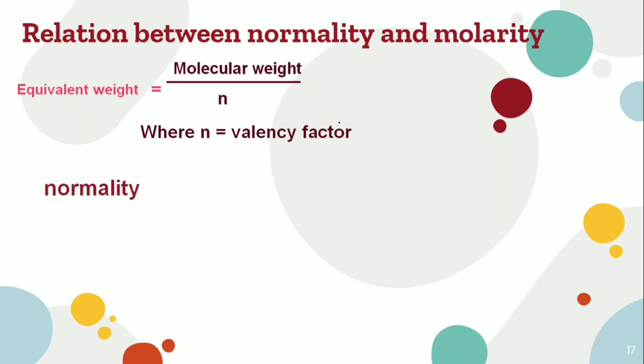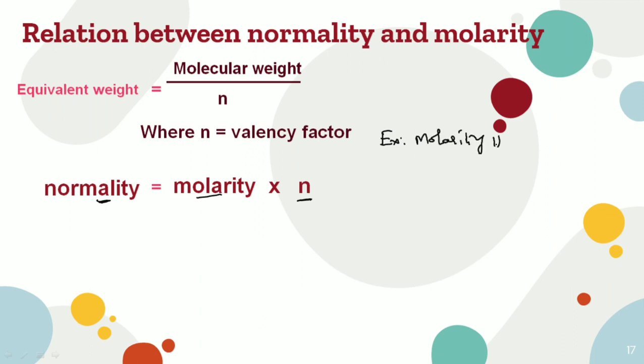Now normality can be given in terms of the molarity equation, molarity into N. Remember, molarity into N, if you do, you are going to get normality. Very simple one. Molarity into N is equal to normality. For example, just imagine molarity of sulfuric acid is equal to 2 molar.